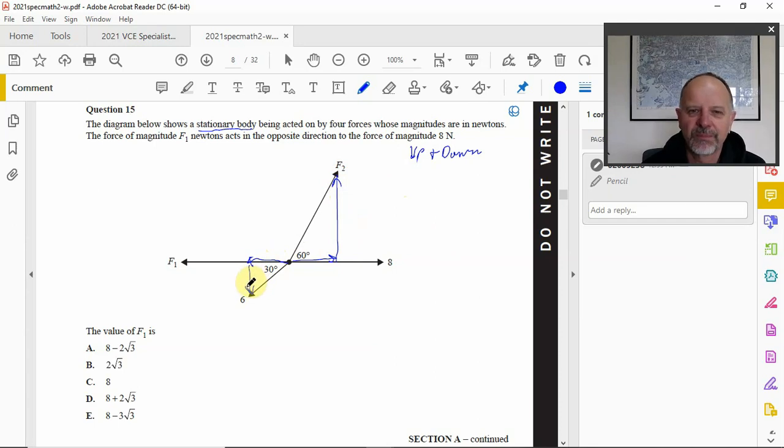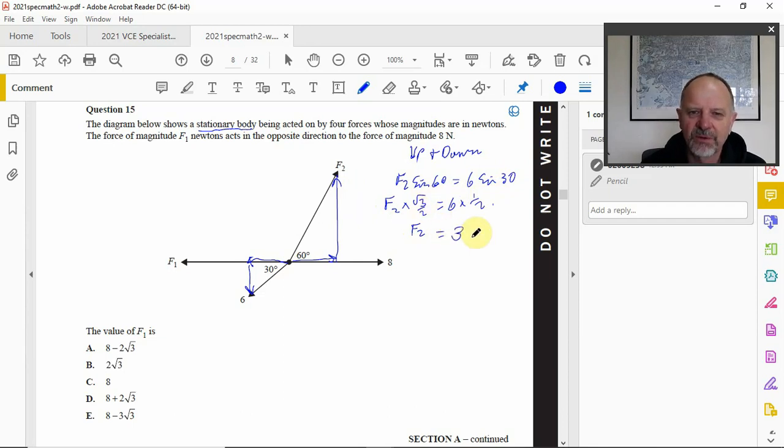All right, so up and down, I know that this component here of F2 and this here, because it's in equilibrium, they've got to balance. So F2 sine 60 has got to equal 6 sine 30. When you do that, F2 times root 3 on 2 equals 6 times a half, which is 3.